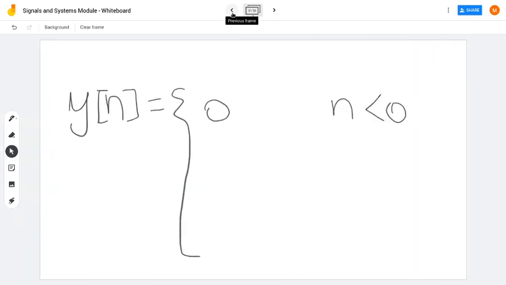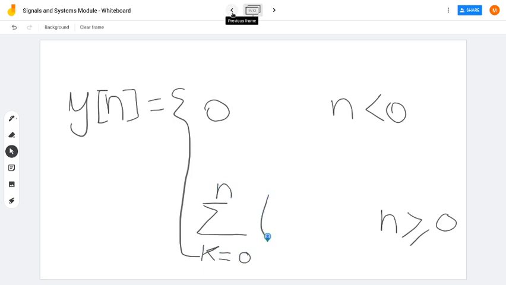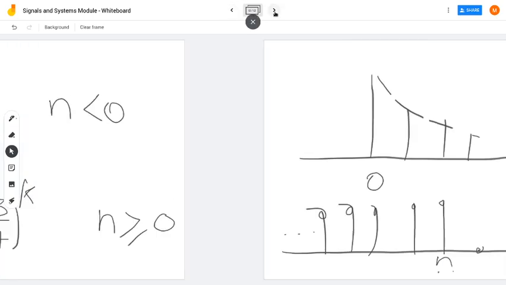That's why we can write the summation like this. So if n is larger than or equal to 0, we will have the summation going from k equals 0 up to n, and then we multiply h of k times x of n minus k. H of k is 3 over 4 to the power k, and x of n minus k is actually just 1 because it's a unit step.